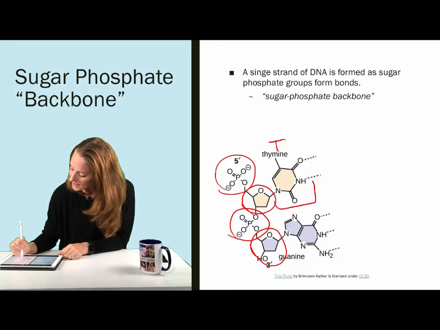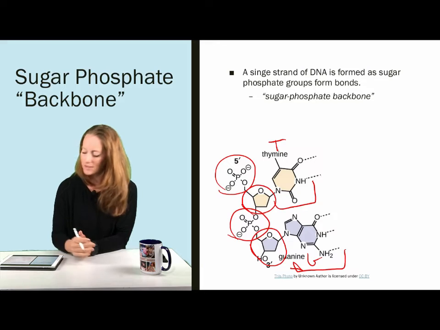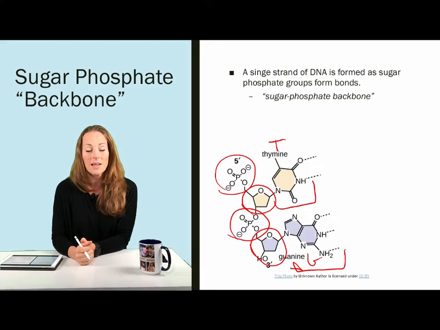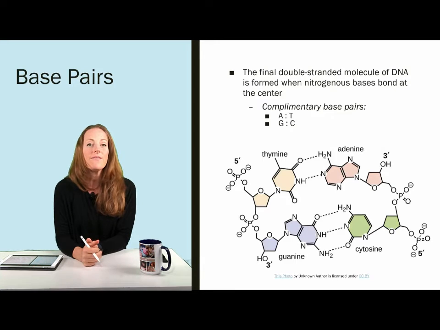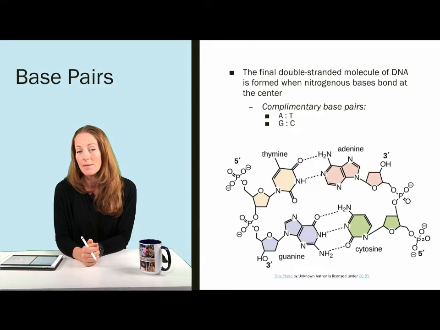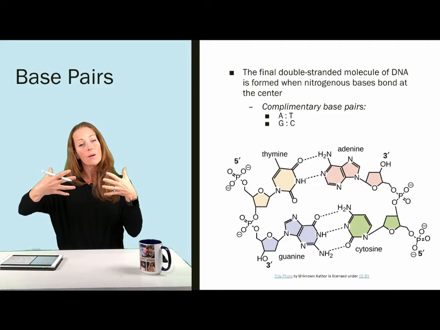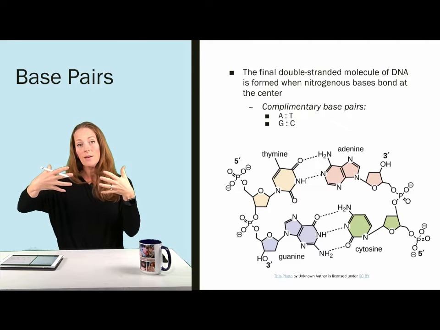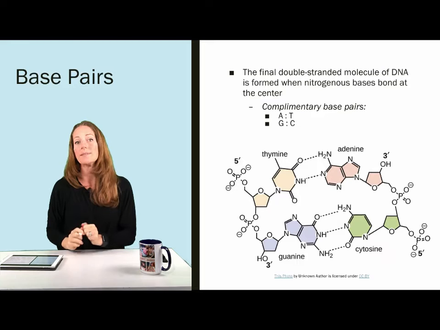Here we have a T and a G lining up next to their sugar phosphate backbones. The final double-stranded DNA molecule is formed when a mirror or complementary strand matches base pairs at the center with its sugar phosphate backbone on the opposite side.